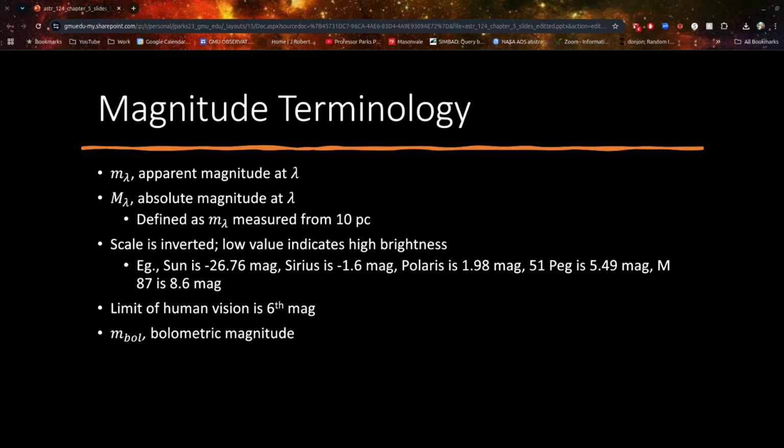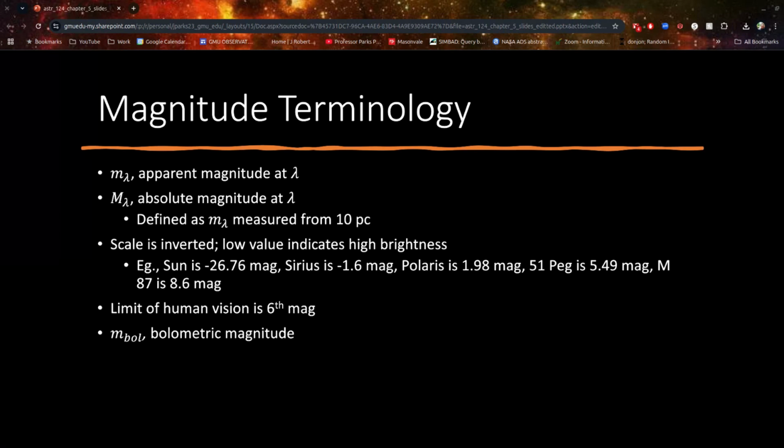Because of this, and because of the system that I'm about to get into, we can now throw numbers at it. We can actually assign values to brightness. And unfortunately, it's a bit confusing, particularly, at least for me, when we start getting into color indices. It's a bit counterintuitive because effectively a lower value of magnitude indicates a higher brightness. So the following are the apparent brightnesses of objects.